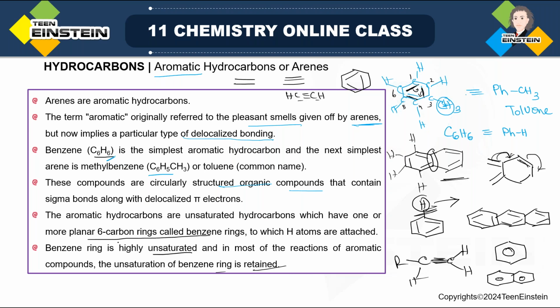For our syllabus, we will start with benzene and benzene-related compounds, because it is very vast chemistry if you consider aromatic hydrocarbons, but we will just have an initial idea. Our discussion will be mainly focused on the benzene ring and benzene derivatives, because there are also anthracene and naphthalene structures, but they will not be part of the discussion.